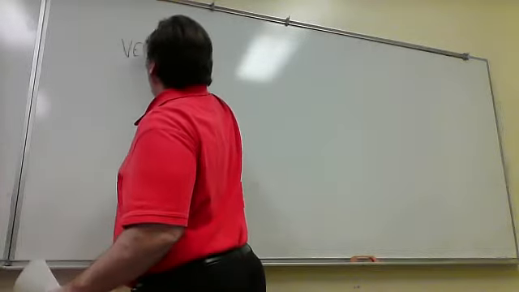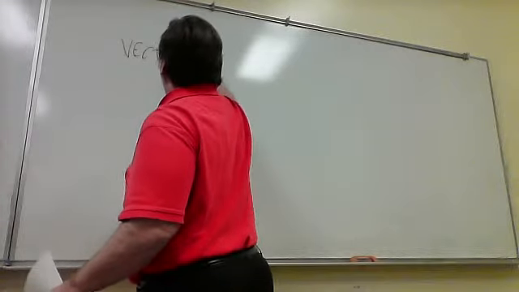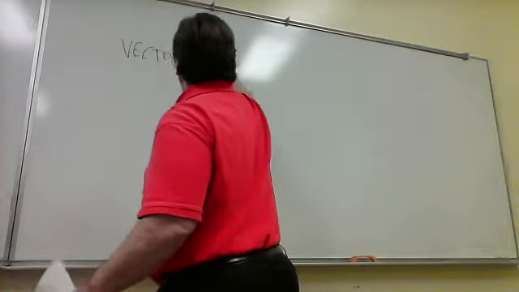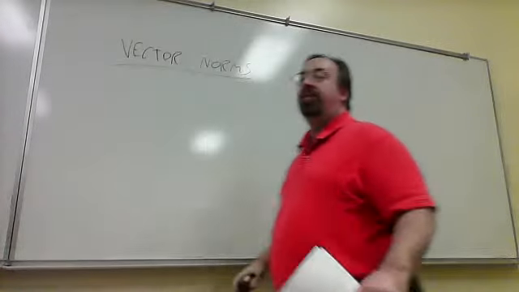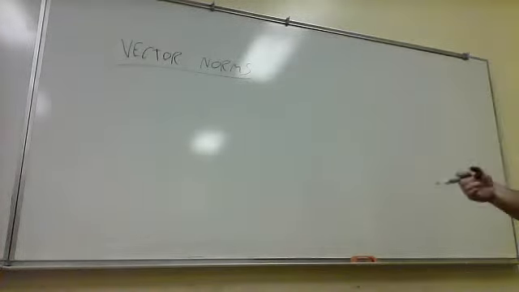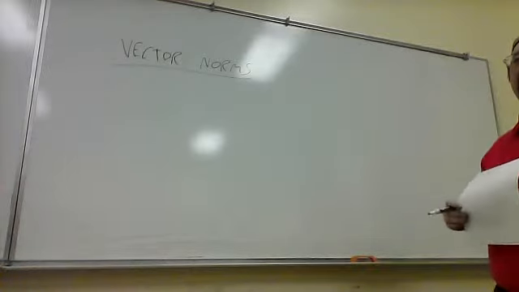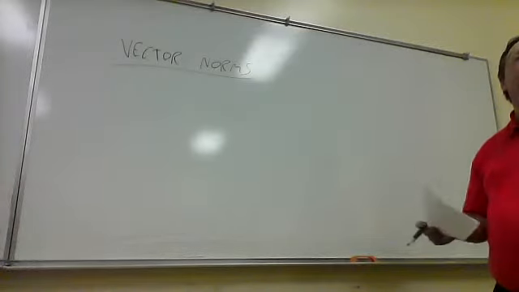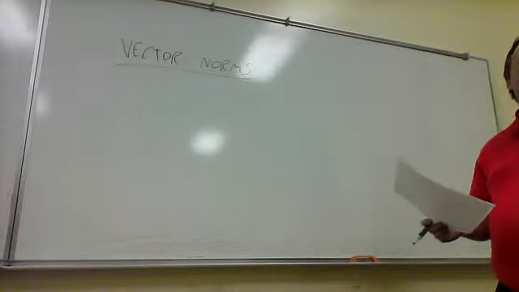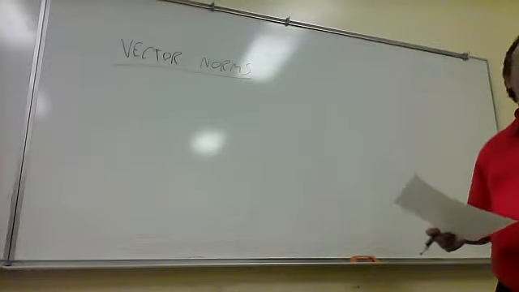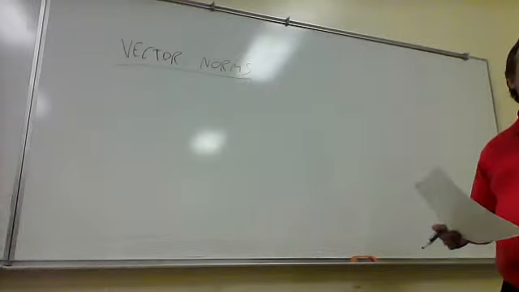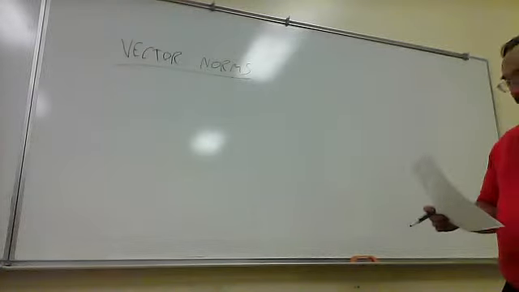So I'll start with a topic that's very important to us the whole semester: vector norms. For error analysis, it's going to be very important to be able to measure the size of vectors and matrices. Now in calculus, you often use the Euclidean length of a vector, the square root of the sum of squares, but there are many ways to measure the magnitude of a vector.